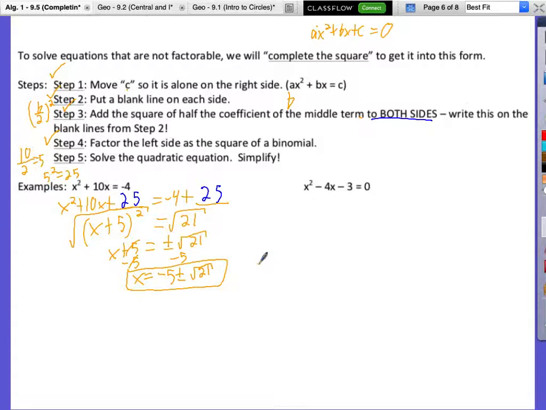Okay. Questions on that one? Wait, so since we have the square root, that's why we didn't have to make the two separate equations. Well, we have really two here. We just wrote them as one with this positive negative.